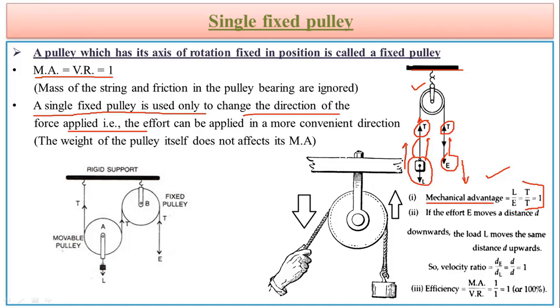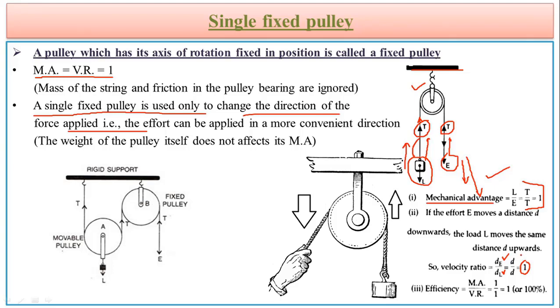It means if you move the effort by 1 meter, then the load will also move by 1 meter in the opposite direction. Hence, the displacement of effort equals the displacement of load, which results in the velocity ratio as 1.